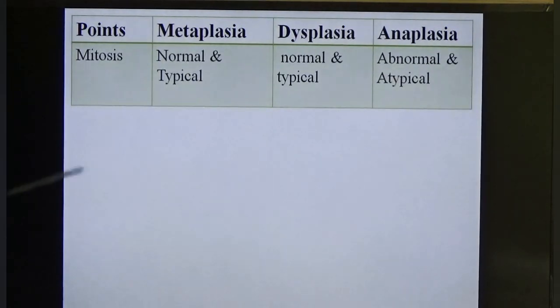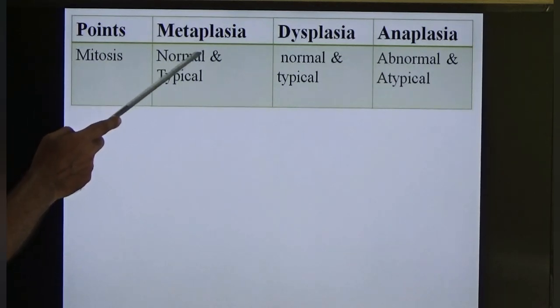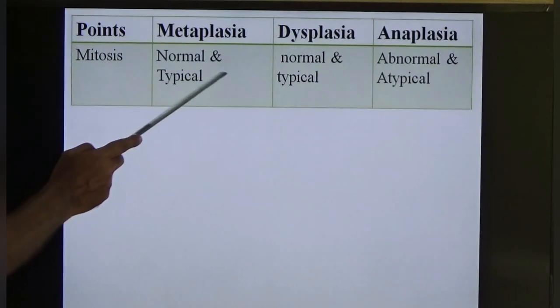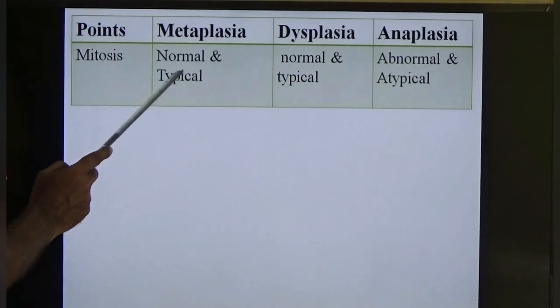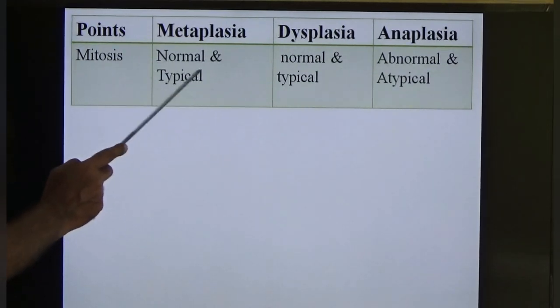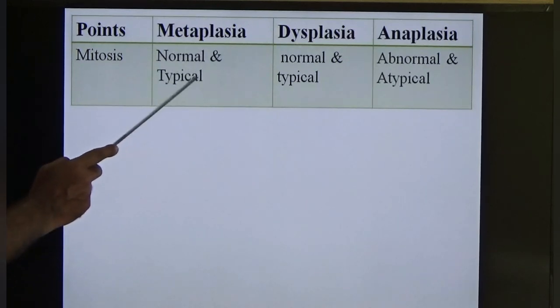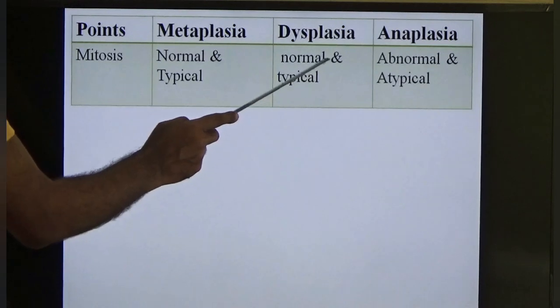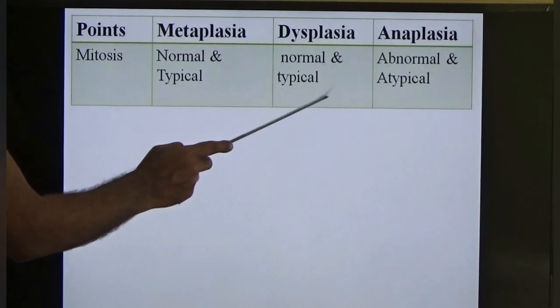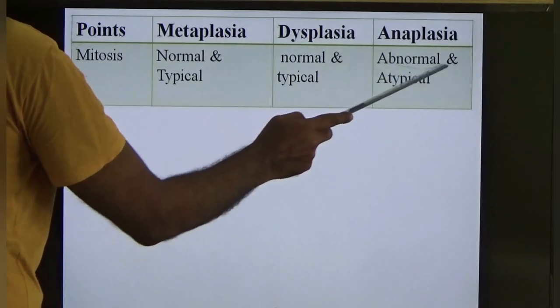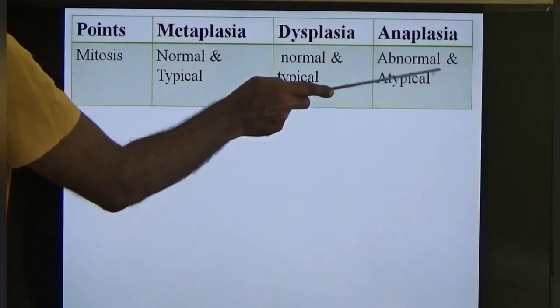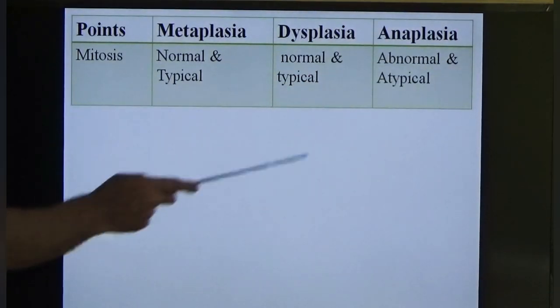Okay, mitosis, that is cell division. In case of metaplasia, there is normal cell division and you can see the typical cells, that means the normal cells. In dysplasia, here also it is a normal cell division and typical cells we can see. But in case of anaplasia, abnormal cell division or autonomous cell division, and you can see the atypical or abnormal cells.